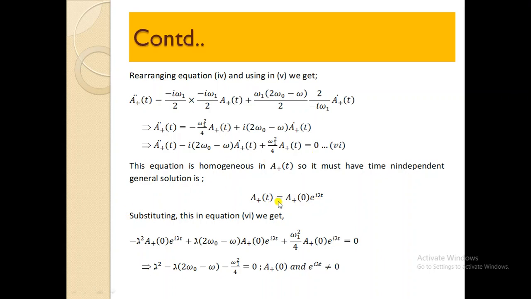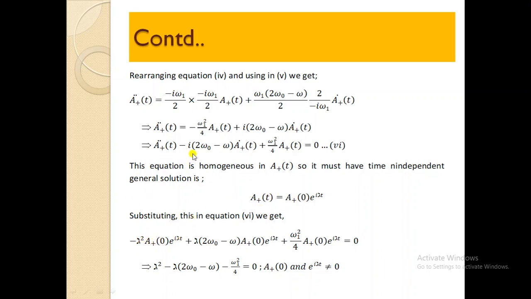Now on solving this, we can find a plus dot t and a plus double dot t from here, and we can put those values in equation vi. Substituting this in vi, what will we get? First of all you have to find the double dot. For that, in the single dot we get I lambda a plus 0 e to the power I lambda t, and again I lambda, so I square lambda square, and I square equals minus 1, so minus lambda square a plus 0 e to the power I lambda t here.